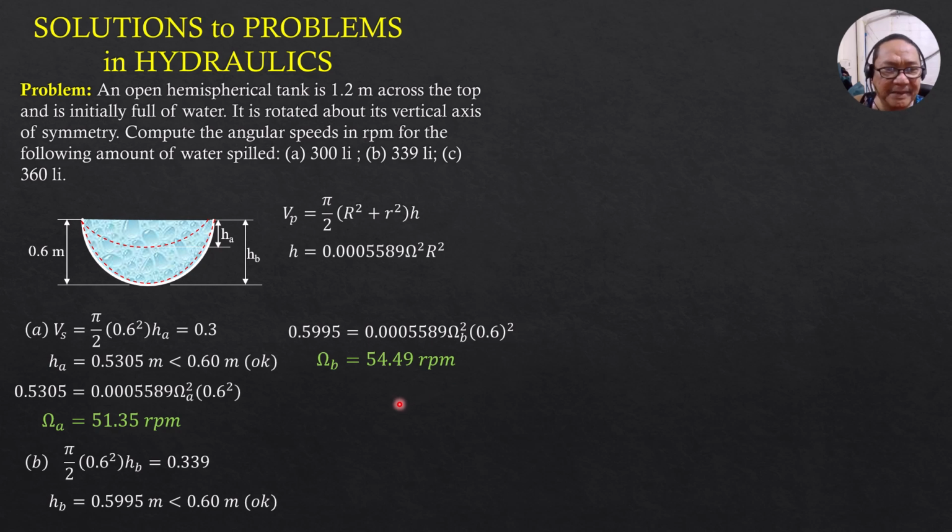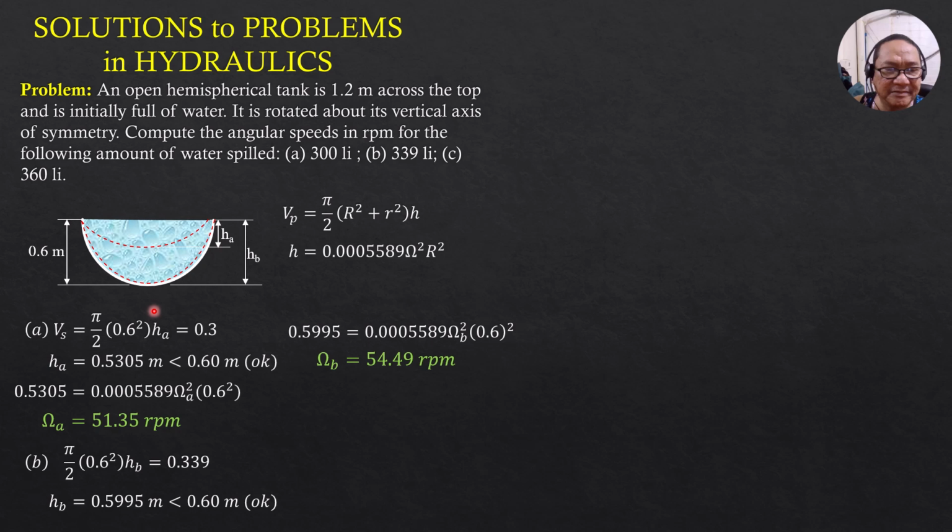Then for part C, 360 liters, which is greater than 339 liters. Take note that at 339, the height of the paraboloid with a single base is about equal to 0.6, as manifested here. So at 360 liters, definitely the imaginary paraboloid of revolution, the vortex, will be beyond the bottom of the hemispherical tank.